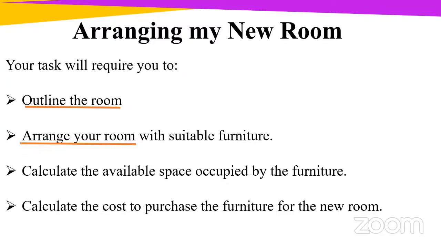Calculate space. Calculate the available space. Good. Calculate the cost to purchase. All right, good job. So we're going to be looking at all of those tasks. Okay, boys and girls, let's get ready.